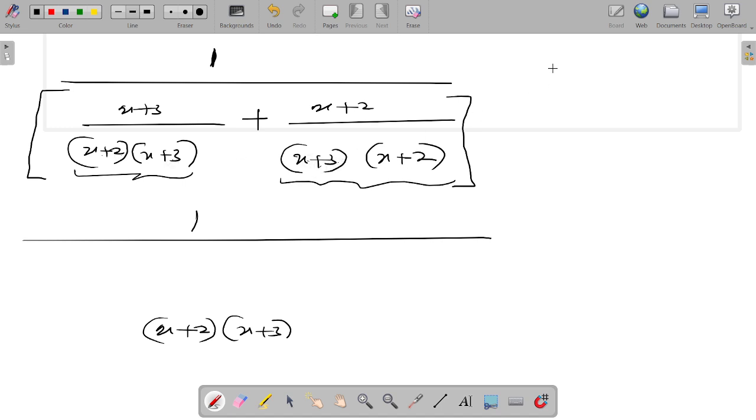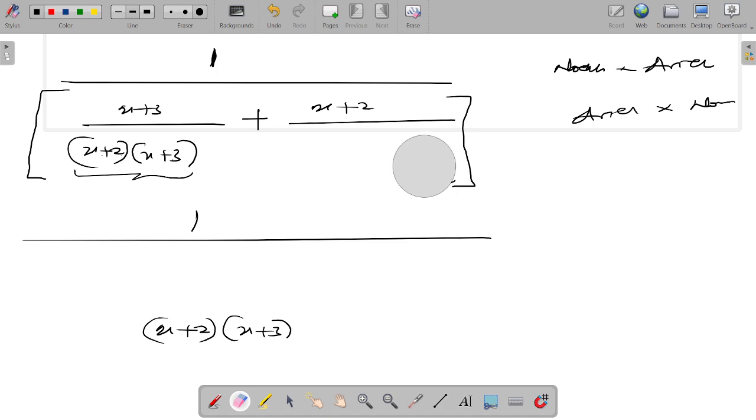When you have Noah times Ariel, I can write it as Ariel times Noah, right? It's still the same thing. So this is multiplying each other. So x plus 2 times x plus 3 can still be written as x plus 3 times x plus 2. Now they look the same.